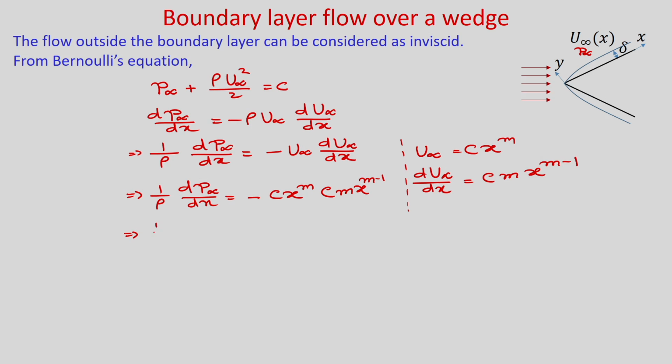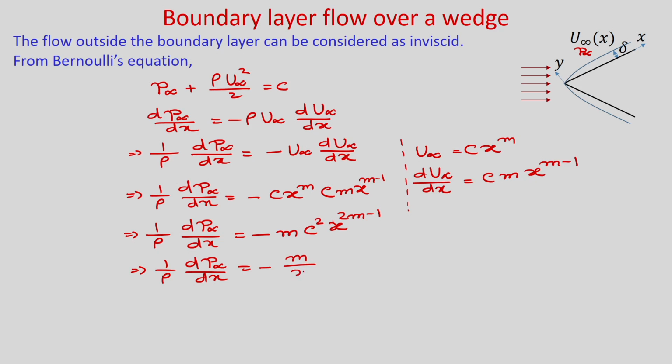So, we can write 1 by rho dp infinity by dx is equal to minus m c square, then we have x to the power 2m minus 1, or we can write 1 by rho dp infinity by dx is equal to minus, so we will just divide by x. So, we will multiply with x here.